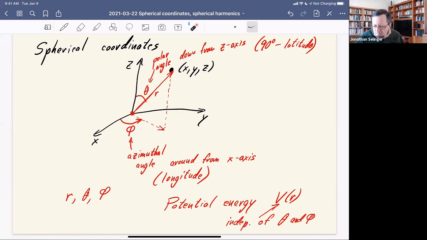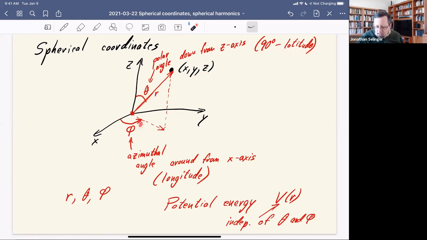Okay, so the coordinate system is sketched here. This is my picture from last week. And so here you can see that any particular point could be described in Cartesian coordinates as x, y, and z, or it can be described in spherical coordinates by r, the distance out from the origin, and theta, the angle down from the z-axis, so that's like 90 degrees minus latitude on the globe.